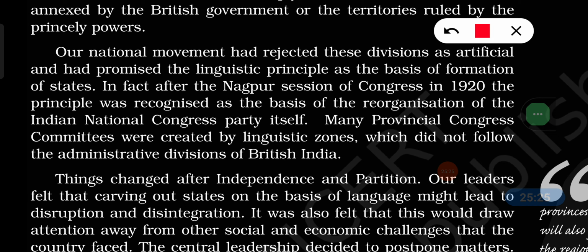So, the state reorganization established in 1953 created new states on the basis of language, and it also solved disputes between two states in conflict. Also, they set up the boundaries. That was the function of the state reorganization.